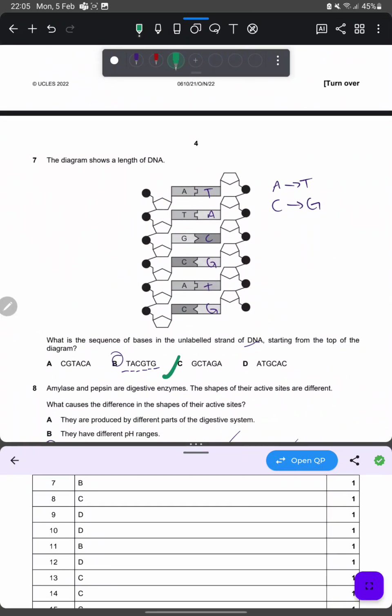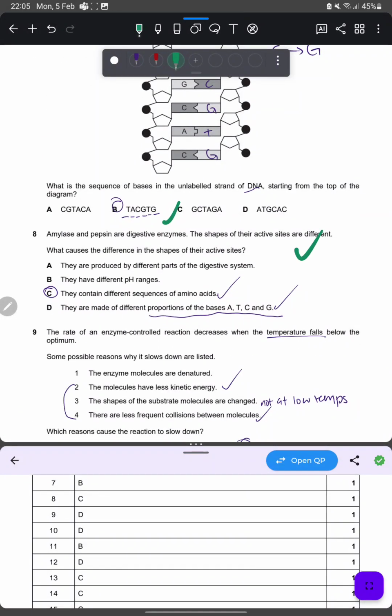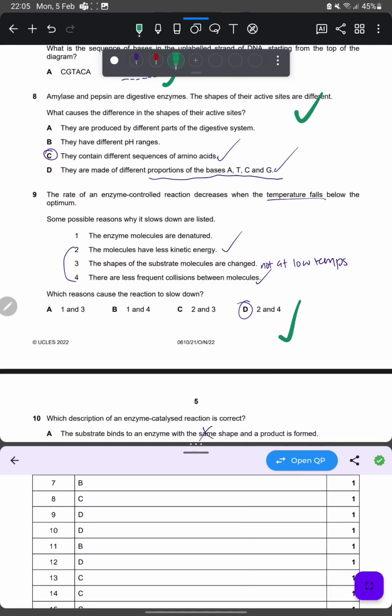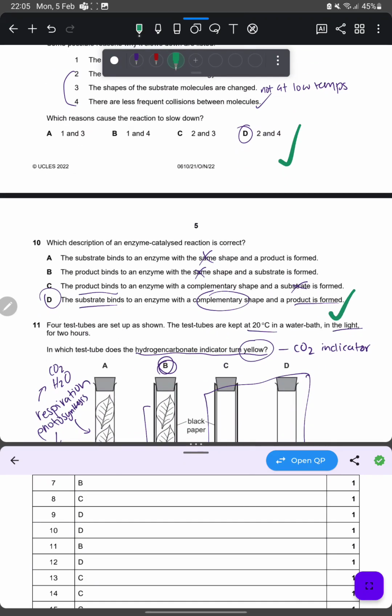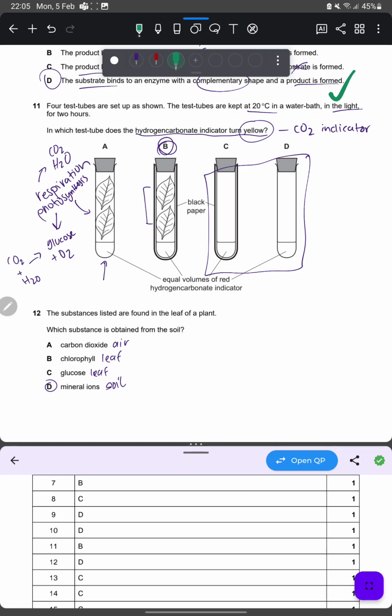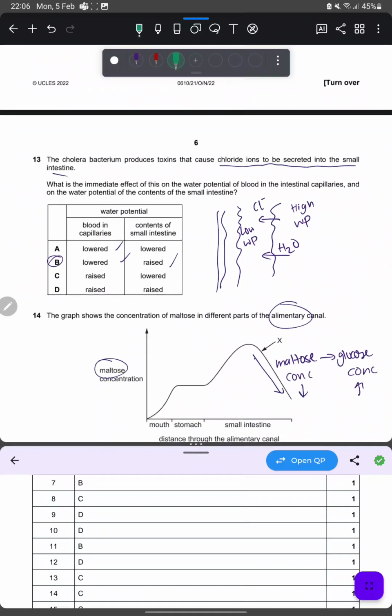Next, B, C, D, 11 is B, yep. 12 is D, 13 is C. So water potential in the blood capillaries is raised and the contents is lowered? Let's see this. 13.